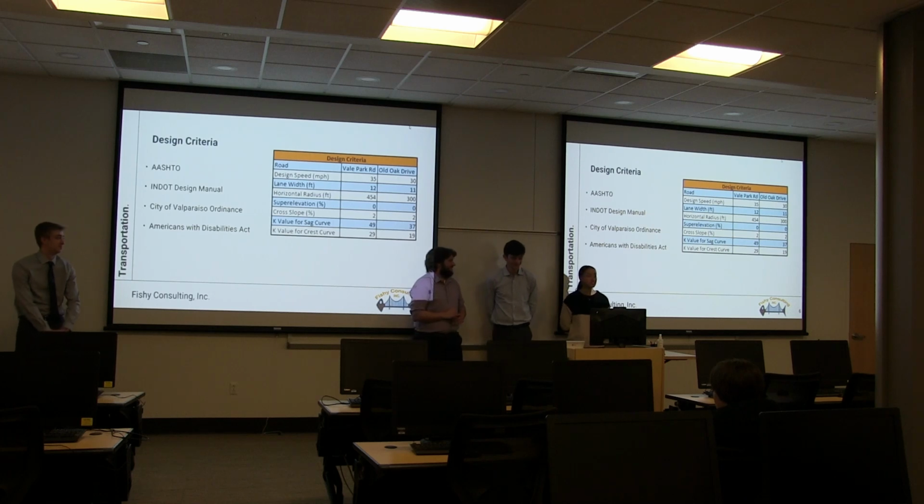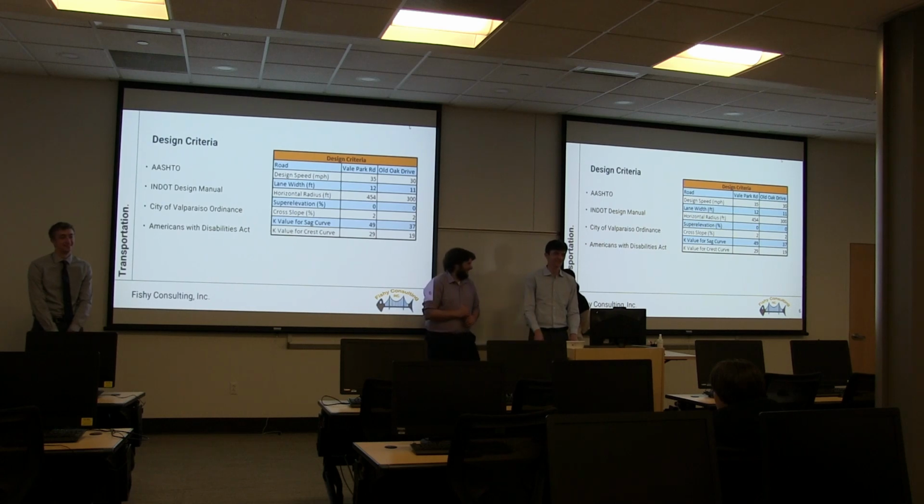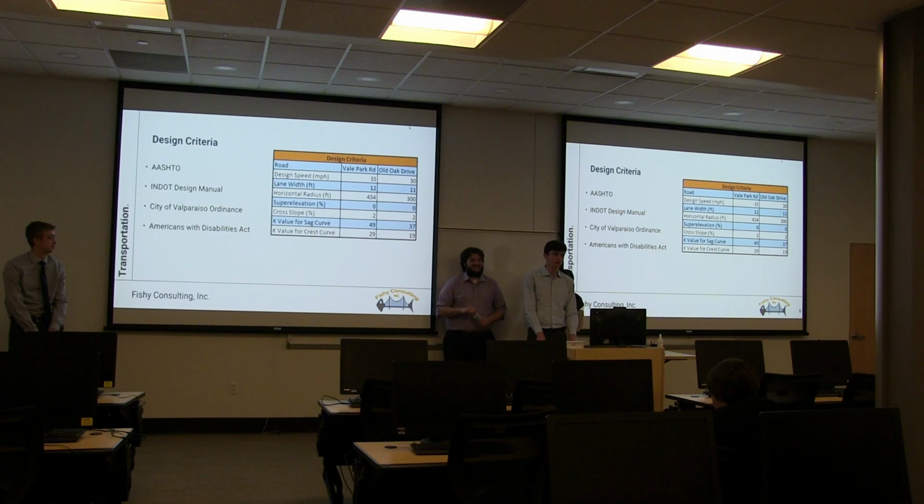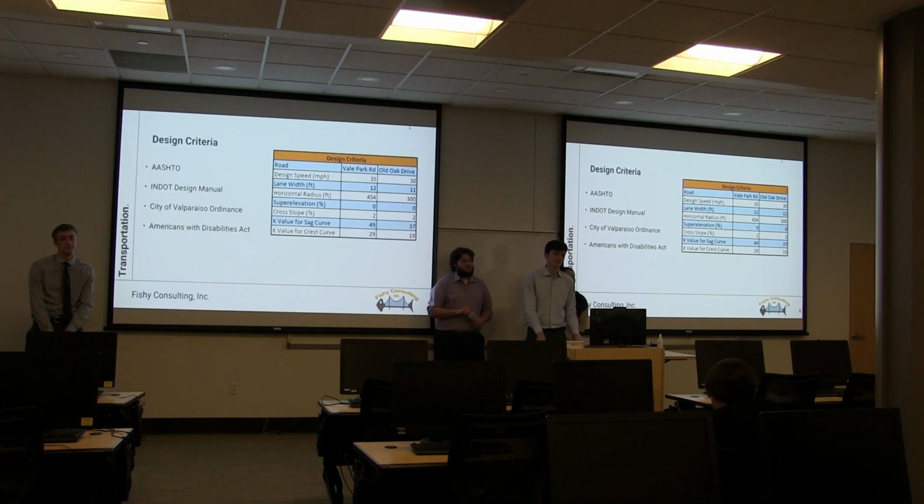Yeah, Ben, sorry. My first question is, how did you decide that the risk category is going to be risk category 3? It's a senior living facility, right? Did you use ASCE 7-16?